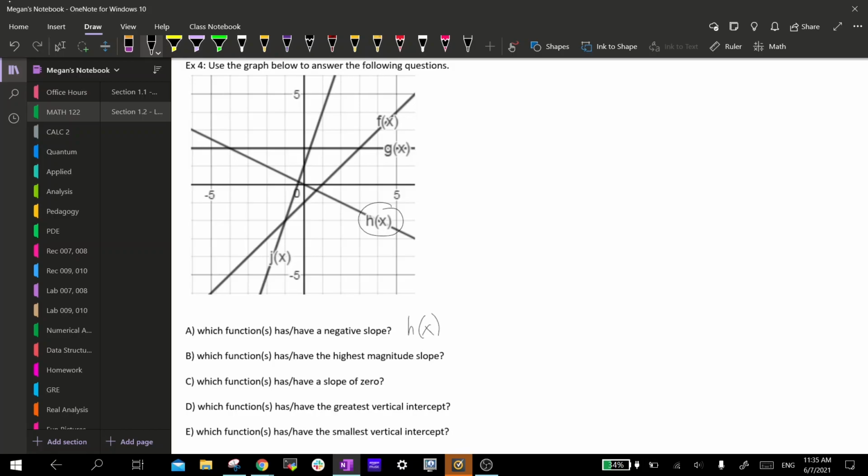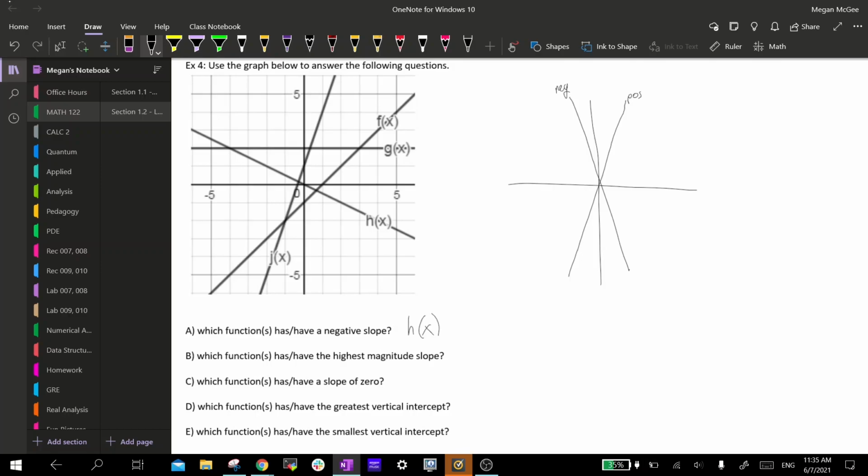Okay, so for part B, it asks what function has the highest magnitude slope. So remember, that could be positive or negative, but it's just a very steep slope, right? And a steep slope, I just drew an example. This would be a positive steep slope, and this would be a negative steep slope.